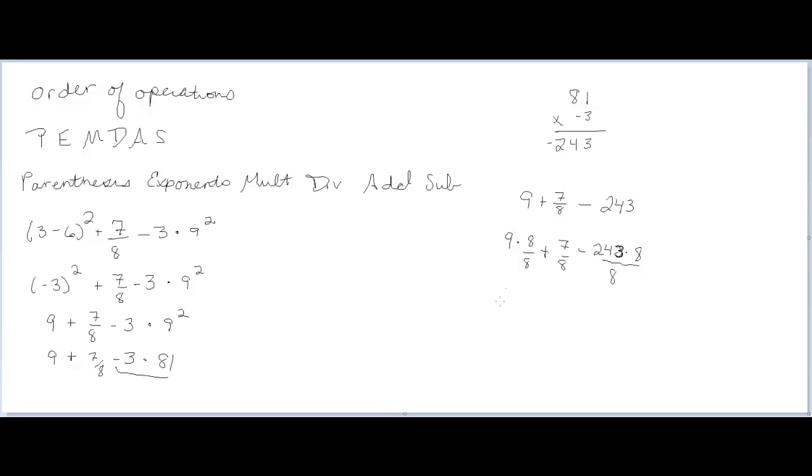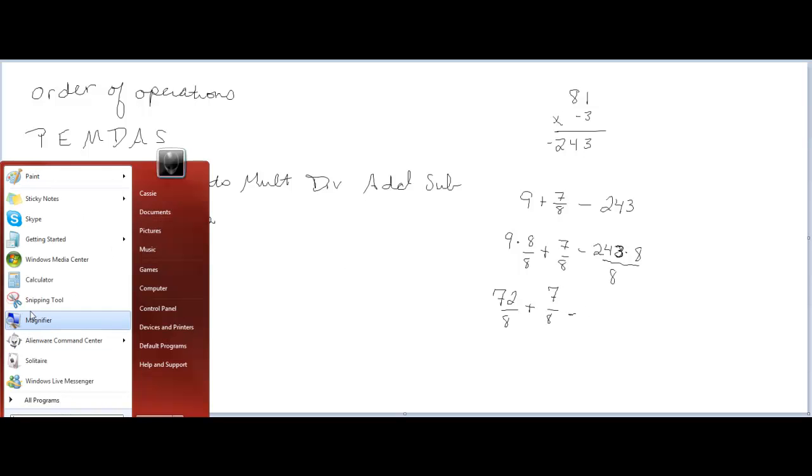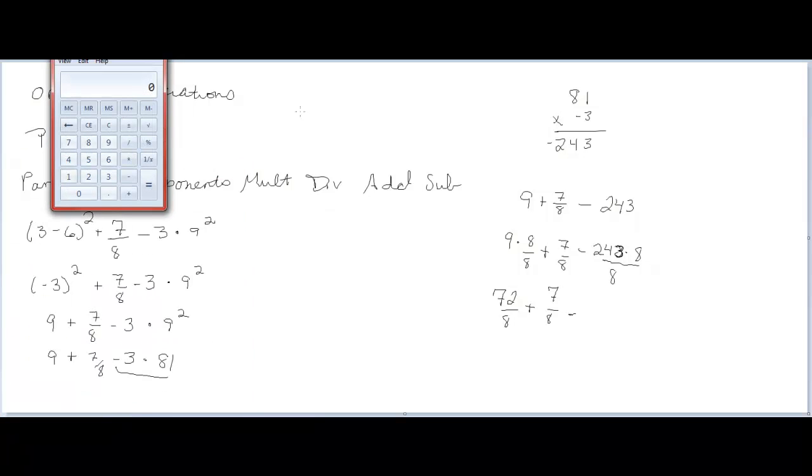Okay, so that's 72/8 plus 7/8 minus whatever 243 times 8 is, and I'm going to cheat. Come on, you stupid computer. 243 times 8 is 1,944.